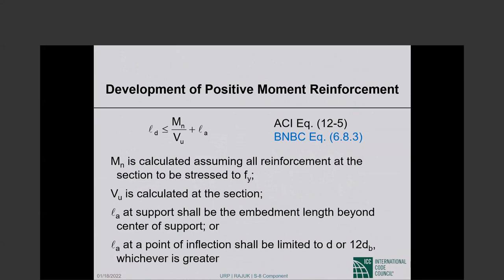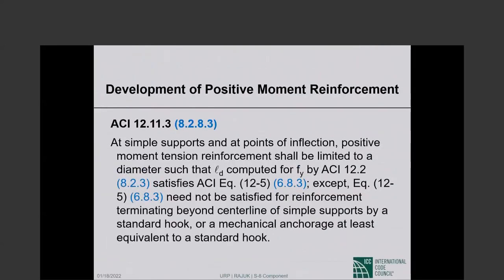So what we are talking about here is two locations: at simple supports and at points of inflection. We are trying to limit the bar diameter, the bar size. We do not want a small number of large bars. We want a larger number of smaller bars because that's better for bond. Okay? At simple supports and at points of inflection.